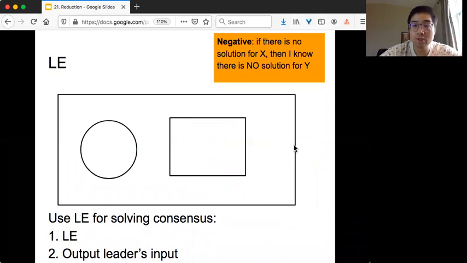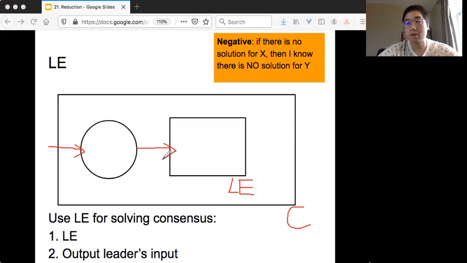We want to use leader election for solving consensus. So what does that mean? The outer box is consensus, and the inner box is leader election. Consensus is that you have some input value, and you just use that as your ID.